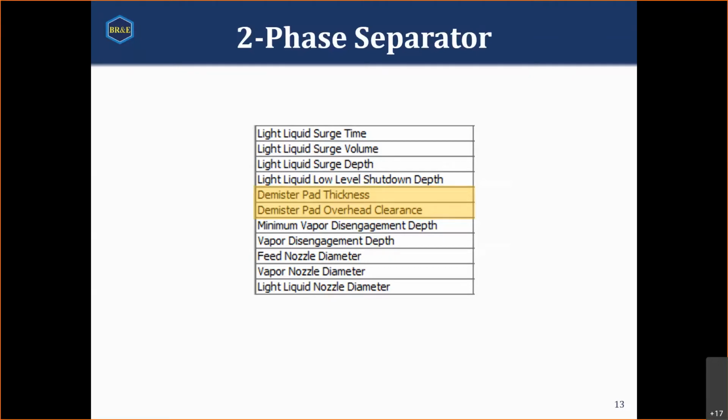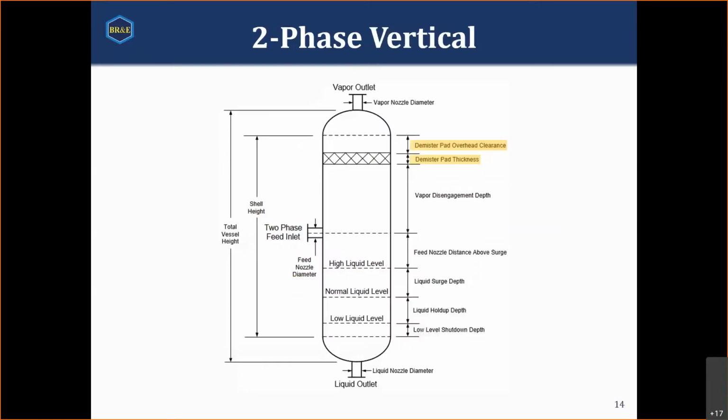It will only impact the results in making sure that there is enough space at the top of the separator, like shown in the diagram here. So if you didn't have a demister pad thickness specified, ProMax would not include this height. But if you do, then it'll include height for the demister pad thickness and the demister pad overhead clearance.